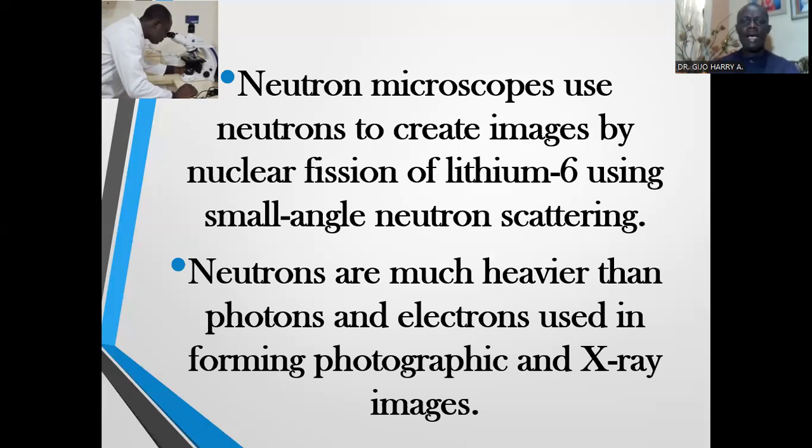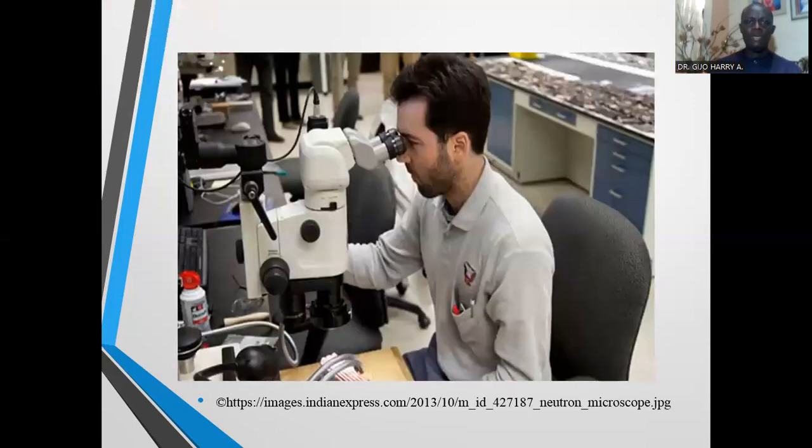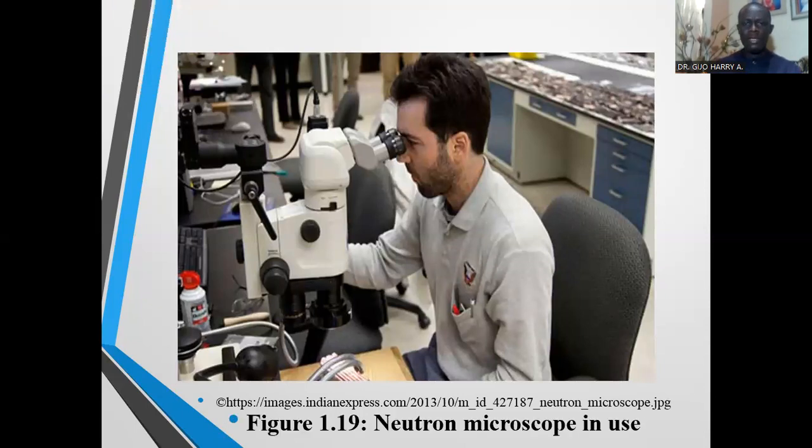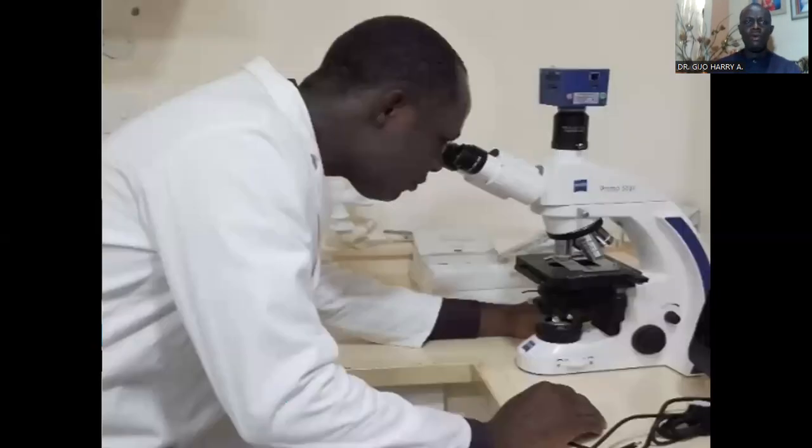Neutrons are much heavier than photons and electrons used in forming photographic or X-ray images. Now, what are some other features of the neutron microscope? First, before we look at that, here is a picture of the neutron microscope.